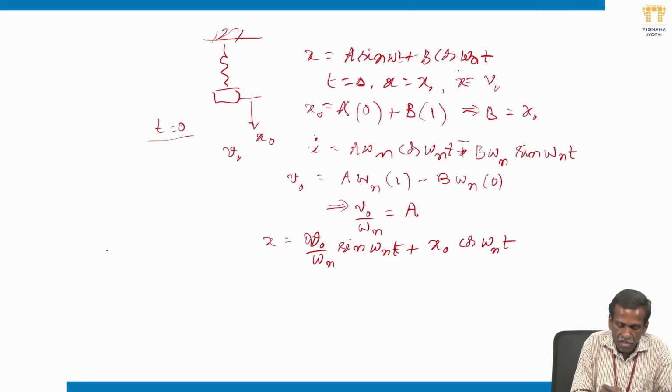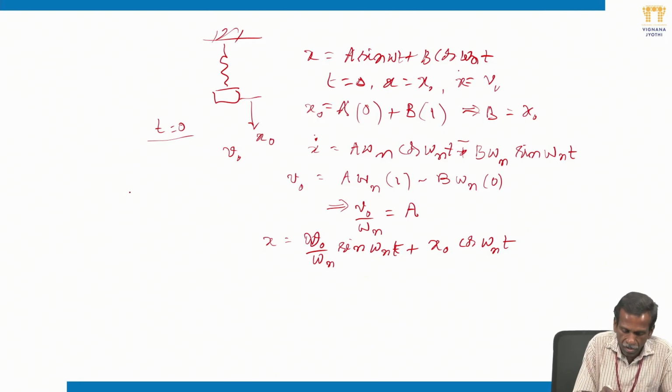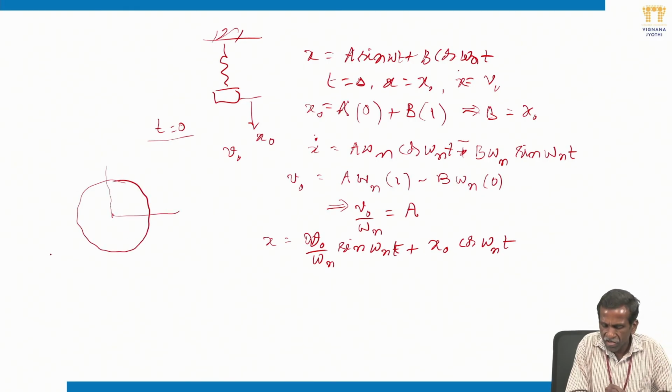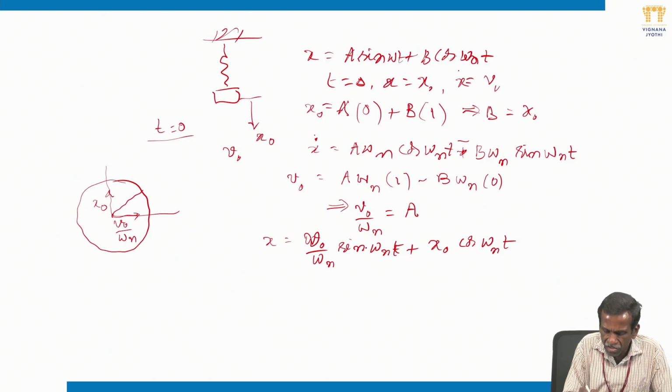Suppose this is the mean position, and this is x naught, initially given, and let us say this is v naught by omega n. Then what is the maximum?